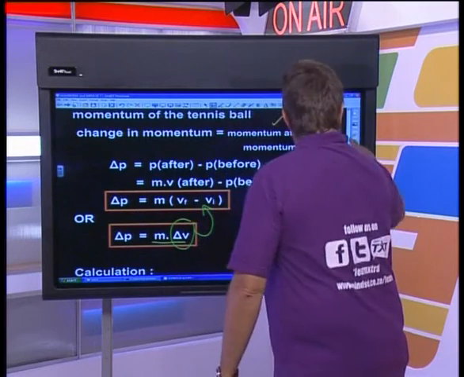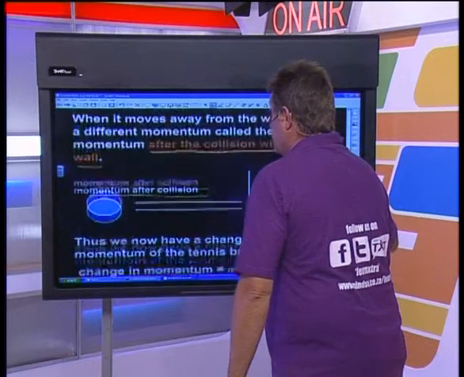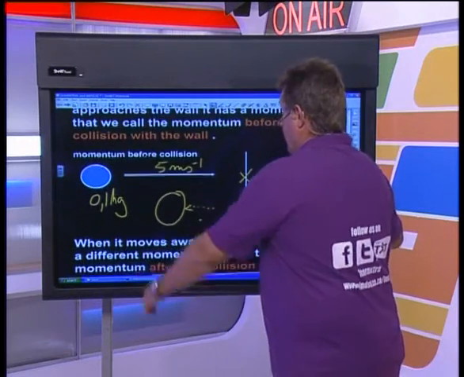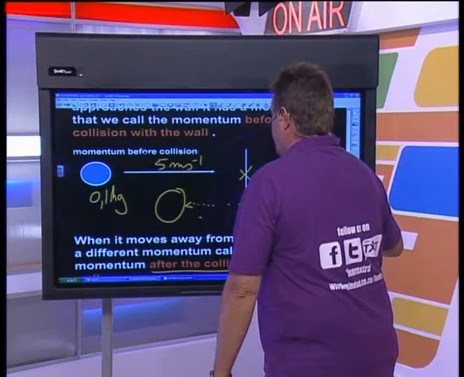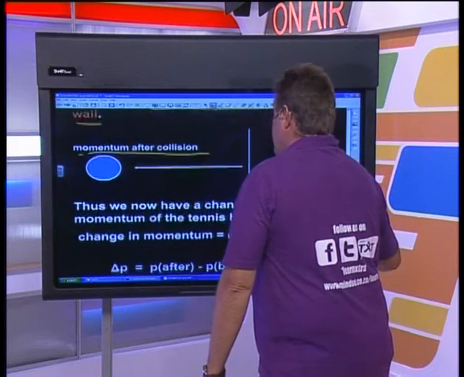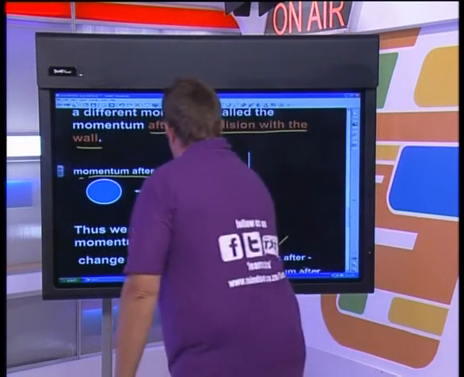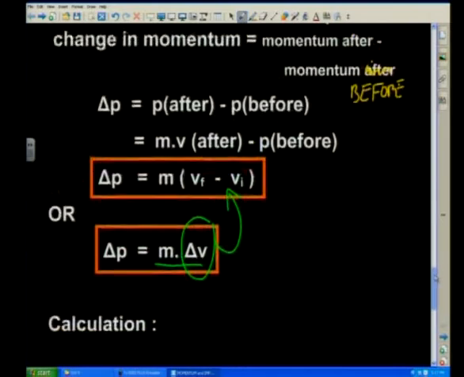Okay, so let's have a look now at a little calculation. Let's use our values over here. We've got a velocity of 5 meters per second for the ball coming in, and 3 meters per second for the ball bouncing out.